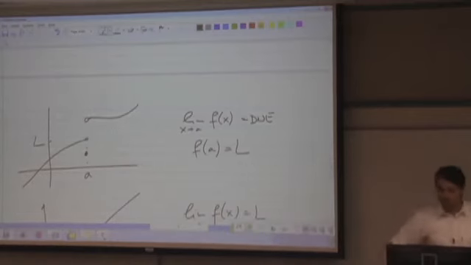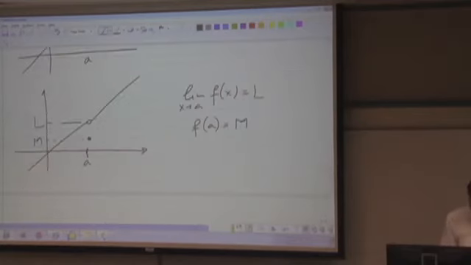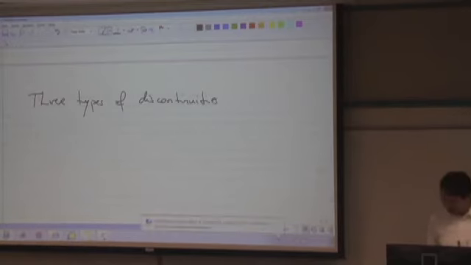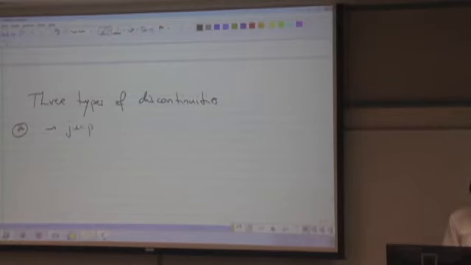Yes? So, let's see. If I name this A and this B, so I don't have to do it again, I have three types of discontinuities. A is a jump discontinuity. B is a removable.